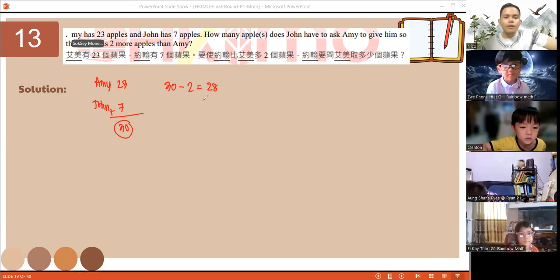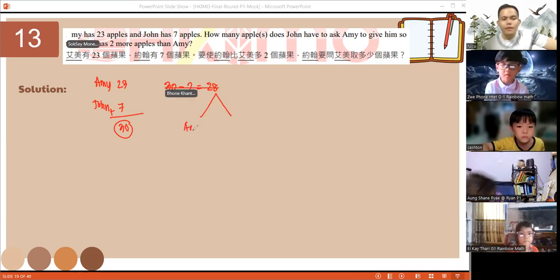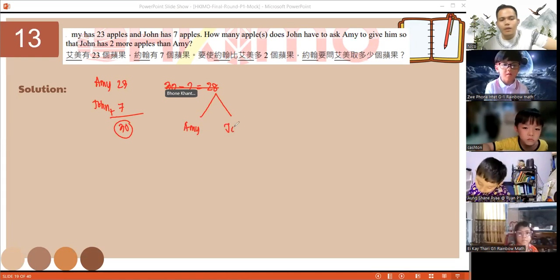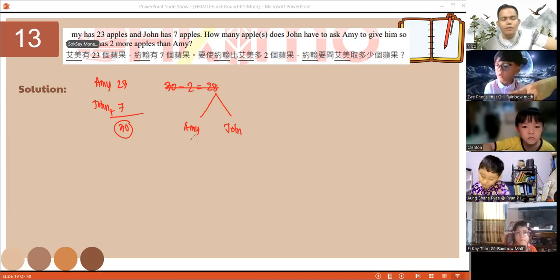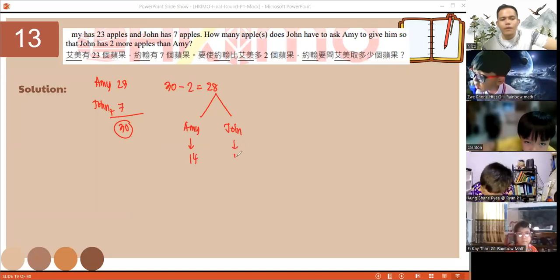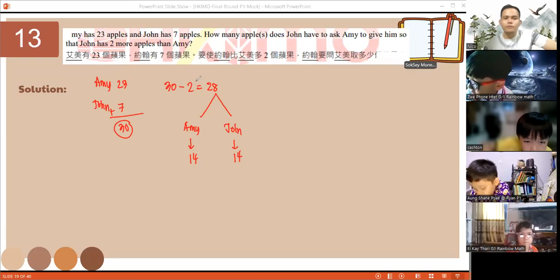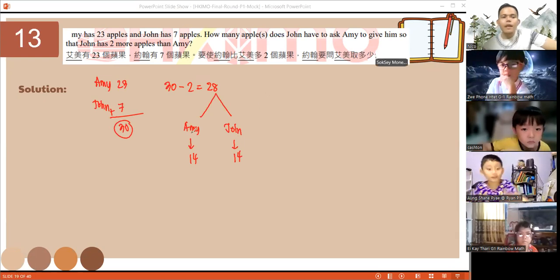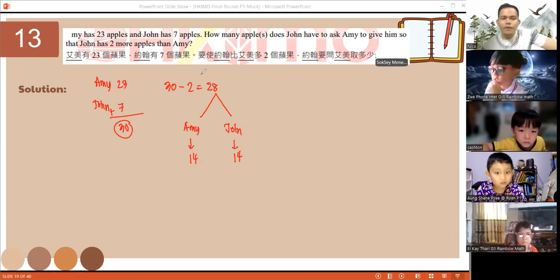So this 28 here, you distribute it to Amy and John. Meaning Amy will have 14 and John will have 14. Let's continue. So meaning Amy has 14, John has 14.